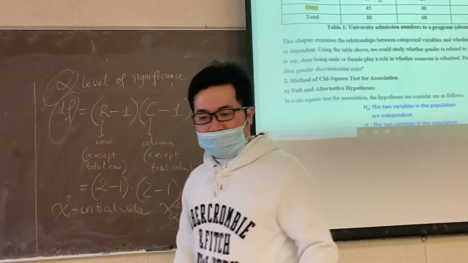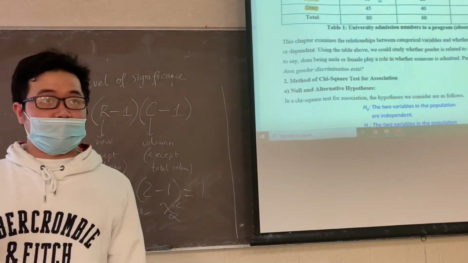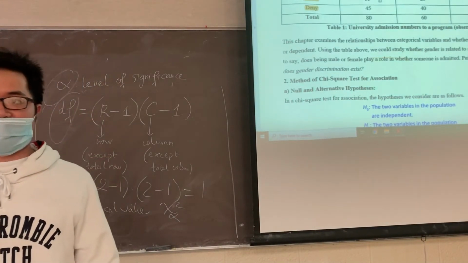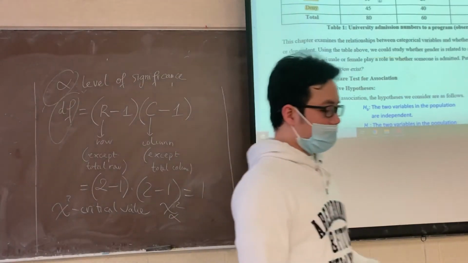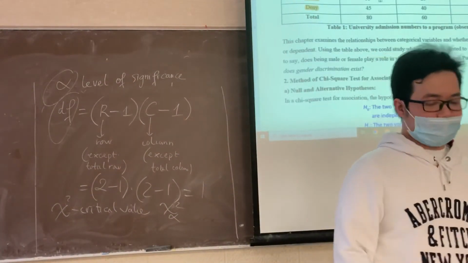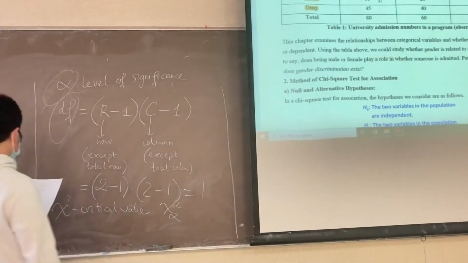In this course, we have two tables which play a crucial role: the normal distribution table, and the critical values of chi-square. We need to have these. They are in your textbook.